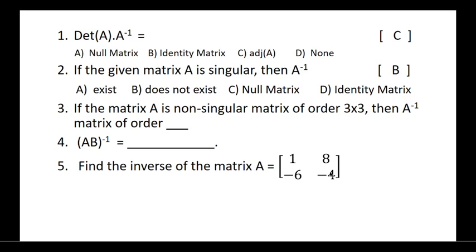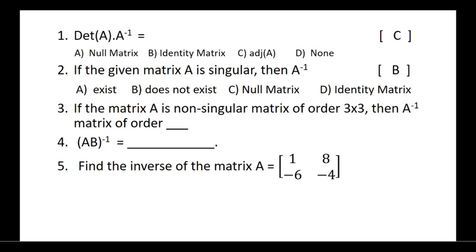This minus 4 lies in the second row, second column. So minus 1 whole to the power 2 plus 2 into its minor 1, that is minus 1 whole power 4 into 1, becomes 1. After getting all cofactors, the cofactor matrix is minus 4, 6, minus 8, 1.